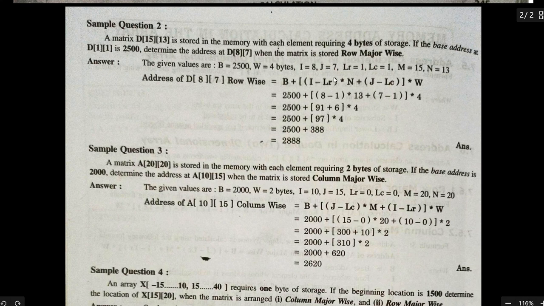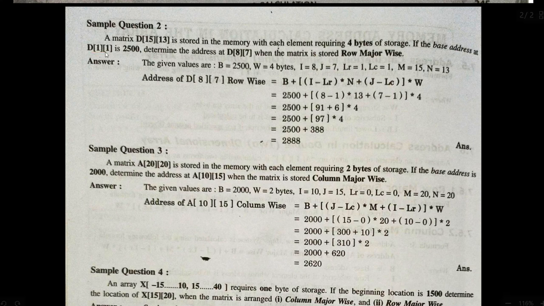Now the next thing is, what is the value of LR? The value of LR means the lower limit. It is given here as 1, and the lower limit of column is also given as 1, because the base address means from where we want to start our calculation. So we are going to start our calculation from this element, D11.